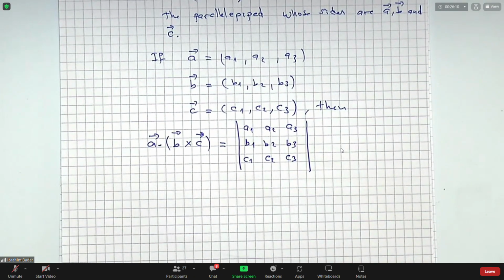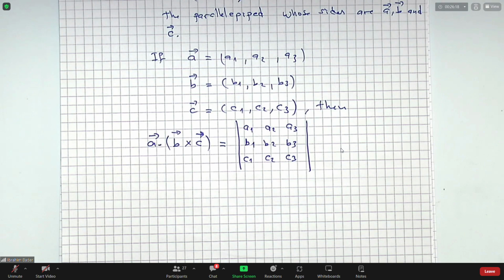Okay, so this triple product is actually, if you have three vectors, you just place them in such a determinant to evaluate this determinant. Moreover, this result has an interpretation.